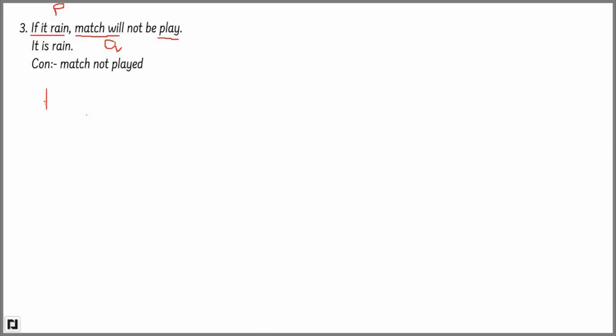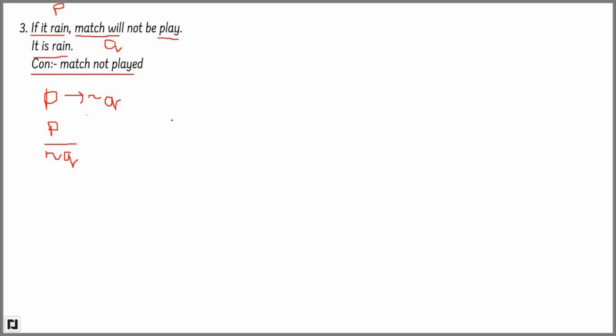It means P implies negation of Q. The second statement is it is raining, so we only have to write P, and we have the conclusion: match will not play. Therefore we write negation Q in the conclusion.